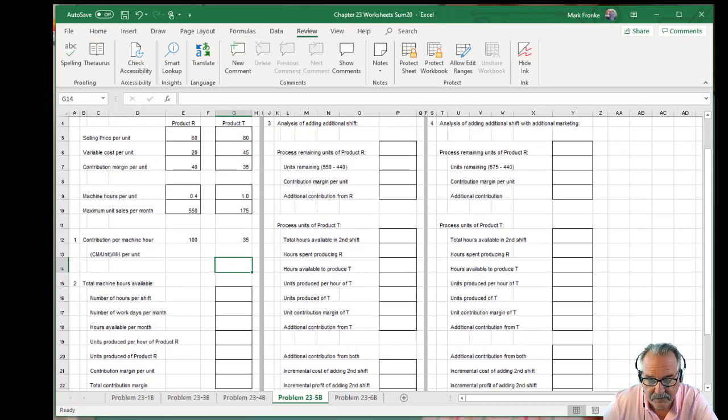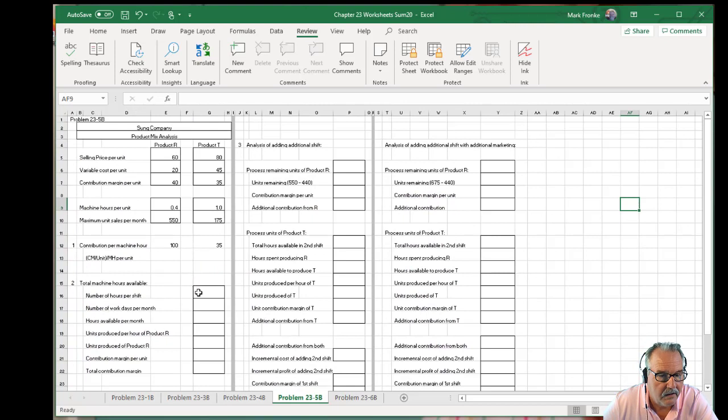Let me make this a little smaller. Our number of hours per shift is 8. We can work 22 work days per month, so that gives us total machine hours of 176 hours.